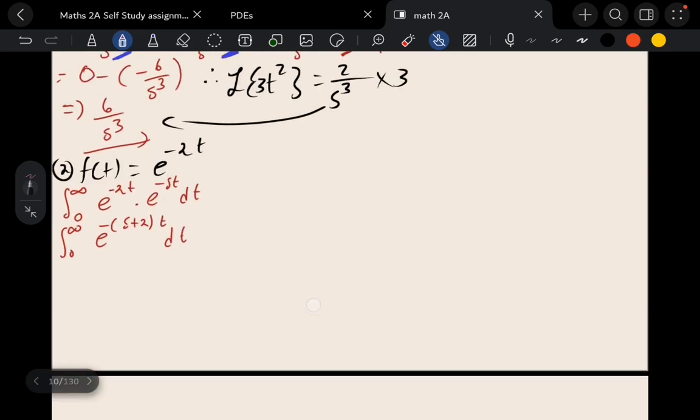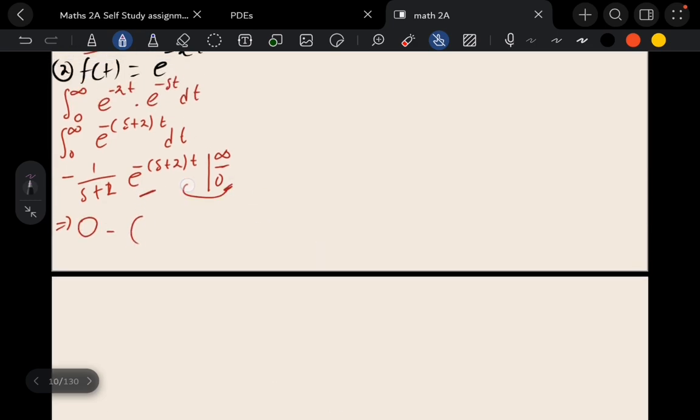Right, so by integrating this, you'll see that you have an integral of negative 1 over s plus 2 e to the power negative s plus 2 t between 0 and infinity. And then substituting infinity into this thing is going to be 0, minus substituting 0 here, it's going to be negative 1 over s plus 2.